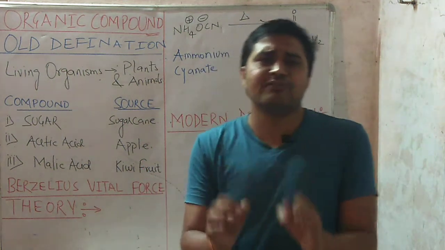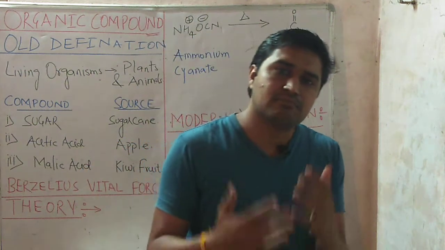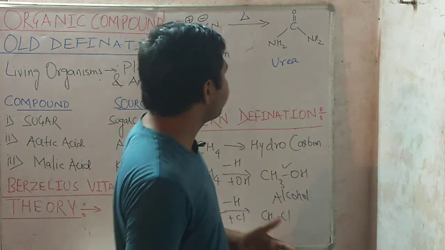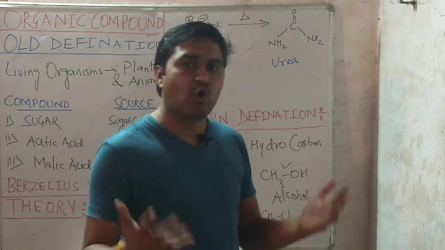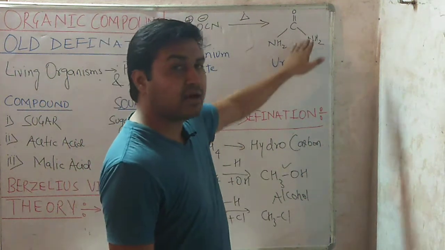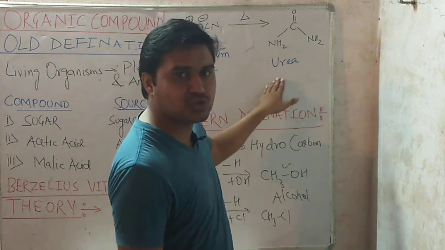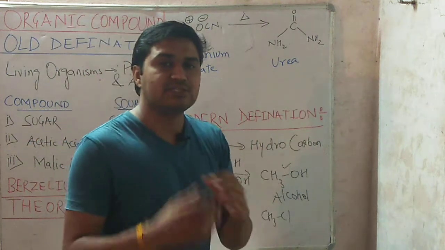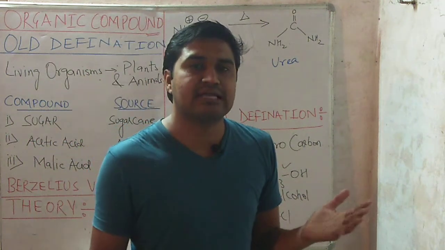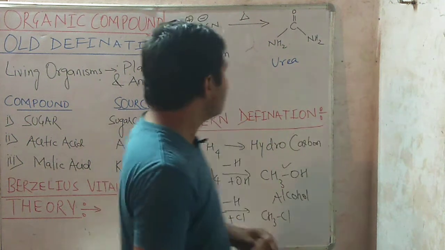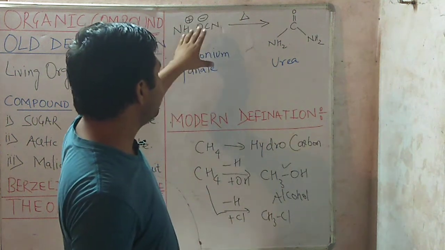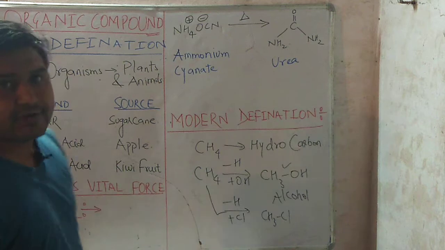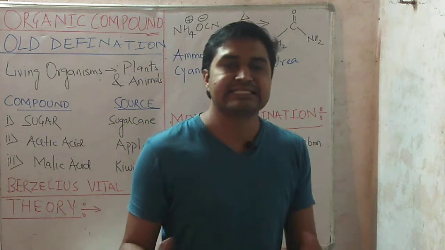But this theory failed when a scientific result came. A great scientist, Wohler, produced an organic compound, urea, NH2CONH2, from ammonium cyanate in a lab, which does not require any living organism, that is plants and animals. With the help of this reaction, the Berzelius vital force theory and the old definition were discarded.